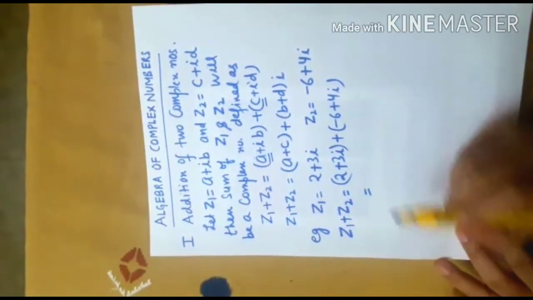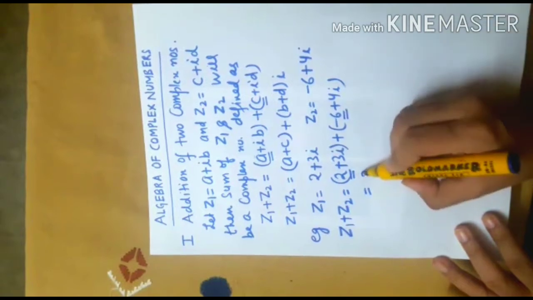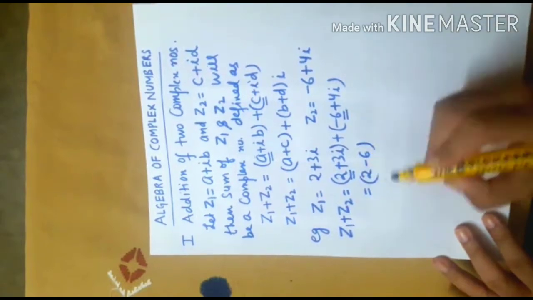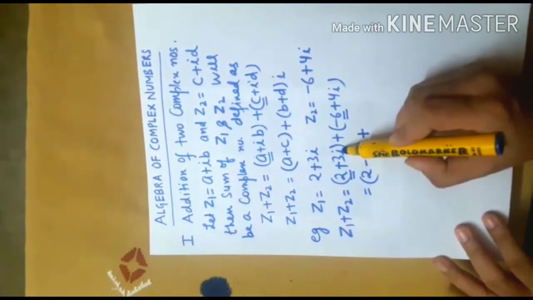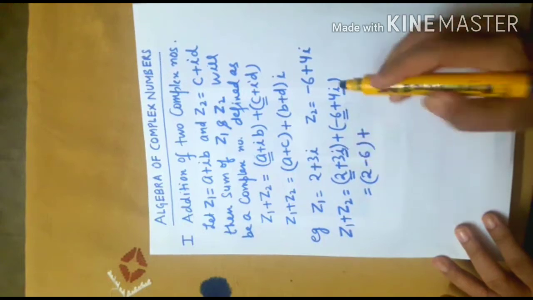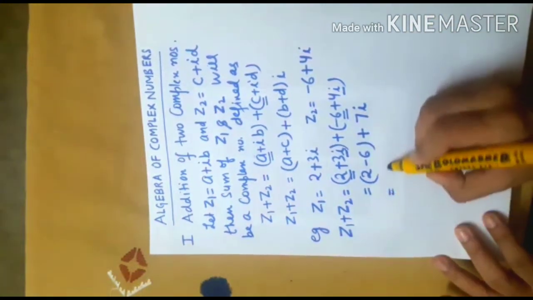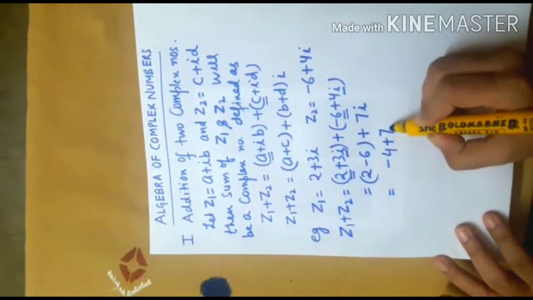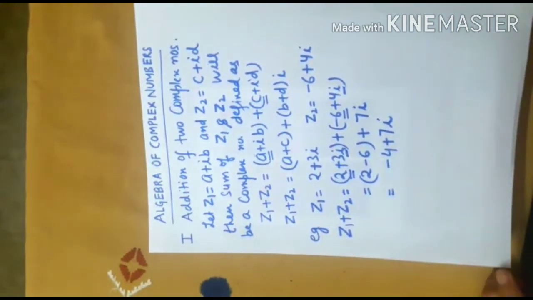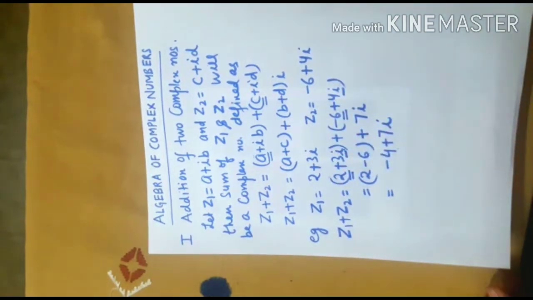So that will be equal to, here real part is 2, here it is minus 6. So it's 2 minus 6 plus 3 iota, the imaginary part, or here imaginary part is 4 iota. So 3 iota plus 4 iota will give you 7 iota. So I'll get here minus 4 plus 7 iota. This will be the sum of these two complex numbers.